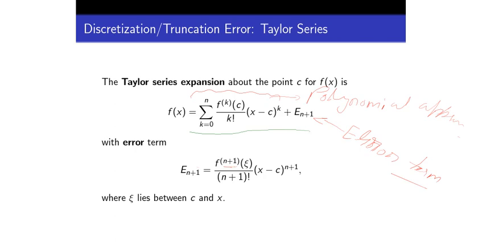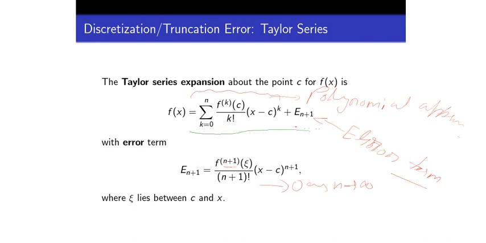Now, another observation, which you have learned also. If you are somehow able to show, in the analysis part, that the error term tends to 0 as n tends to infinity, then instead of writing plus the error term, you are allowed to write dot dot dot, meaning infinitely many terms.